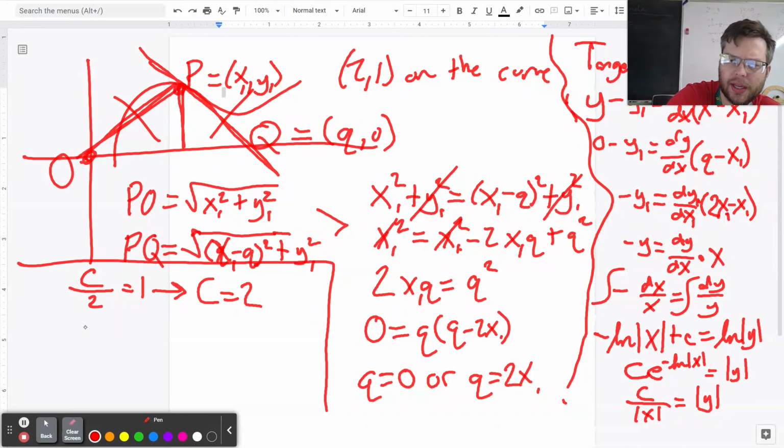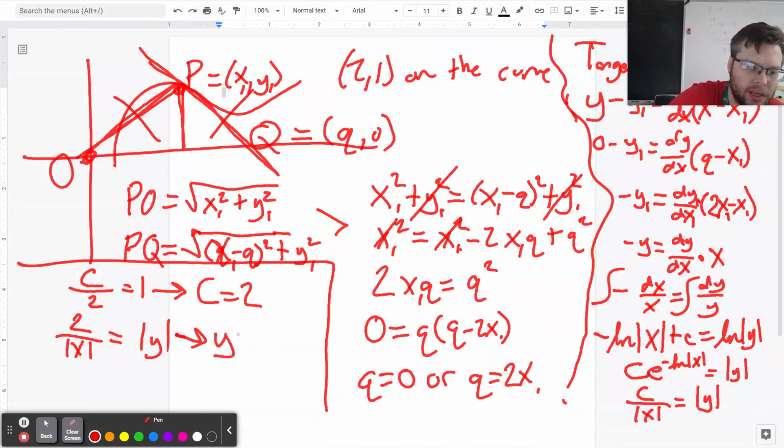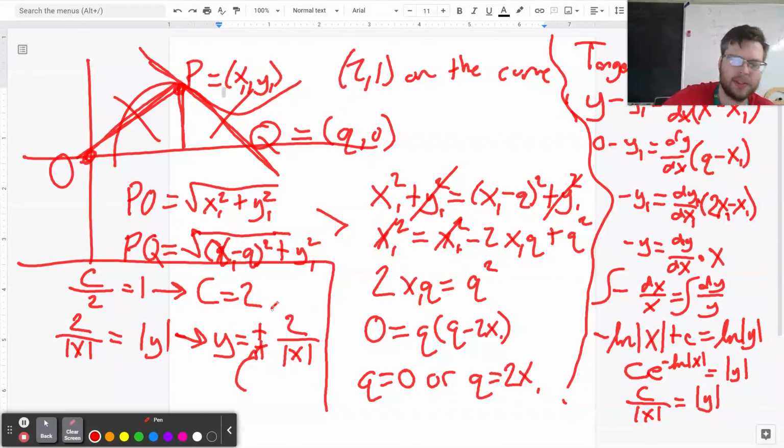So now I'm looking at 2 over absolute value x equals absolute value of y, which implies that y equals plus or minus 2 over absolute value of x. We can throw out the negative because it told us that we're going to look at the first quadrant right there.